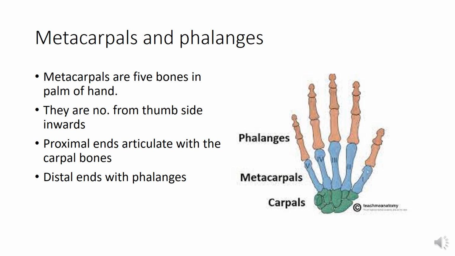Okay, so metacarpals and the phalanges. These are the bones of the hand, and these are miniature long bones. Metacarpals are 5 bones in the palm of the hand, and they are numbered from the thumb side inwards. So the first in the thumb is the first metacarpal, while second, third, fourth, and beneath the little finger in the palm is the 5th metacarpal bone.